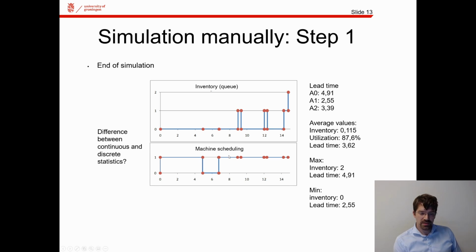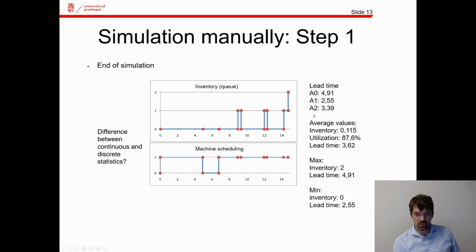However, continuous elements, such as the average inventory, very much depend on the time. This means for continuous elements, we have to know the value itself and when the value changes. So at that point, the inventory increases to 1. So we need to know the point in time where the change happens, and we need to know the amount of the inventory.